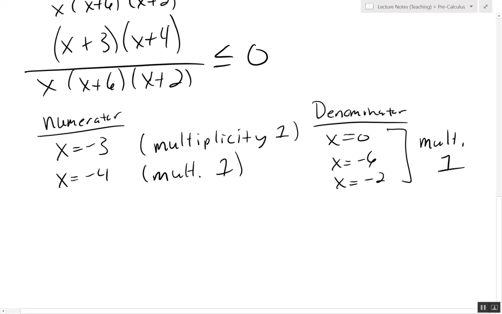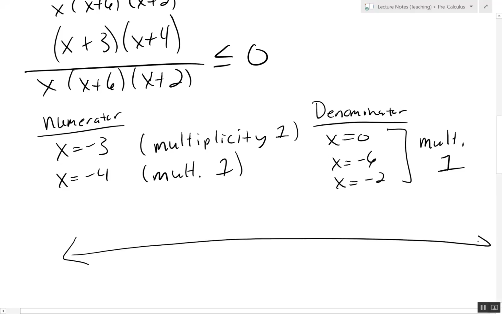So now we draw a number line with all these numbers on it. So we'll have 0, we'll have negative 2, negative 3, negative 4, and negative 6. And remember what I said was that the numerator gets solid dots, and the denominator gets open dots.